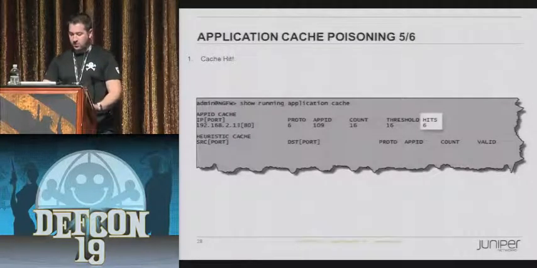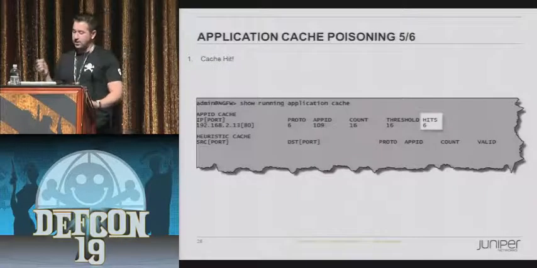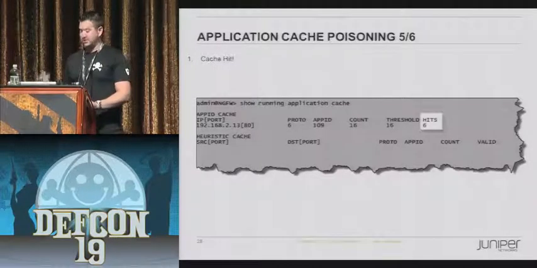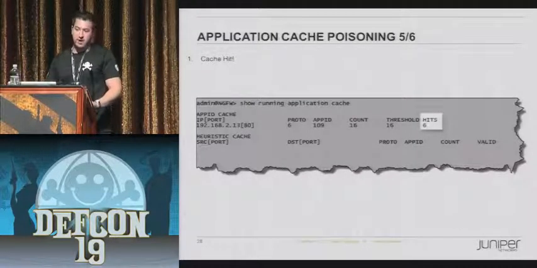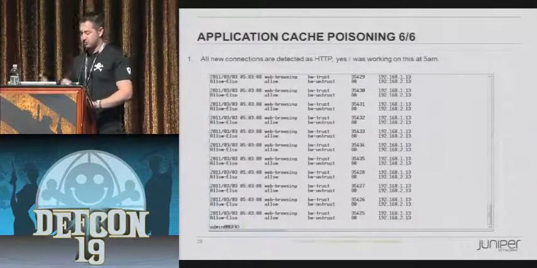And we can see here now that we're getting cache hits. The count is the threshold of how many they need to see before they actually put an entry in the app cache. The hits is how many we're getting now, which is saying, yes, this is a cache hit, it matches, but in reality we're sending SMTP, not HTTP. And that's exactly what the logs say, that this is all web browsing, when in fact it's not.